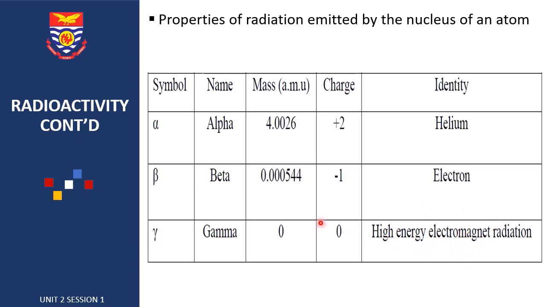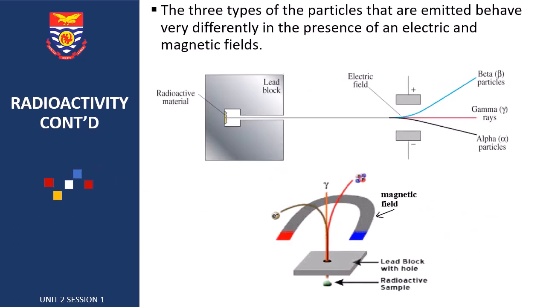Let us look at the behavior of the radioactive radiations in the presence of electric and magnetic fields. All these three radiations behave differently in an electric and magnetic field.